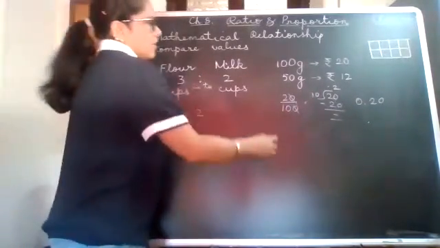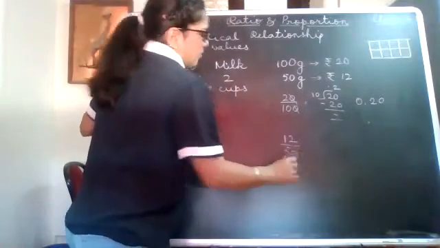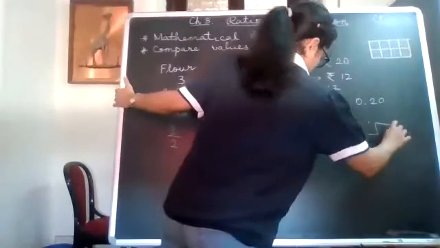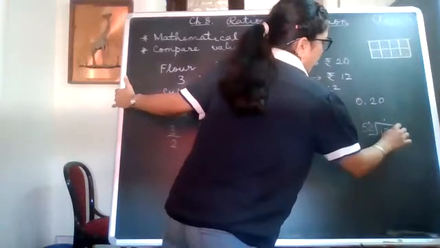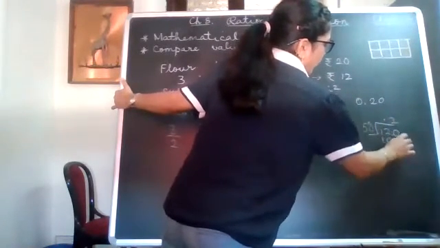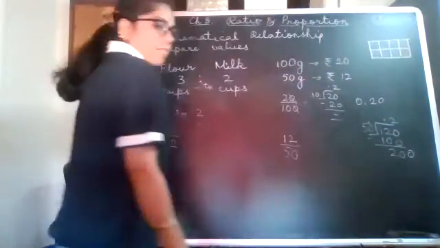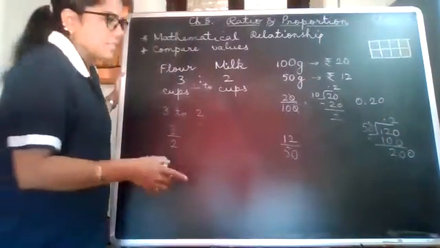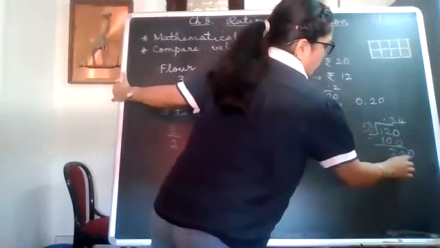Now you will check the other one also in a similar way, 12 divided by 50. When you divide this, what will happen? Put a point, put a 0, 2 fives are 10. Once the point is put, we have already learned that we can keep inserting a 0 at every step. So 50, 4s are 200.